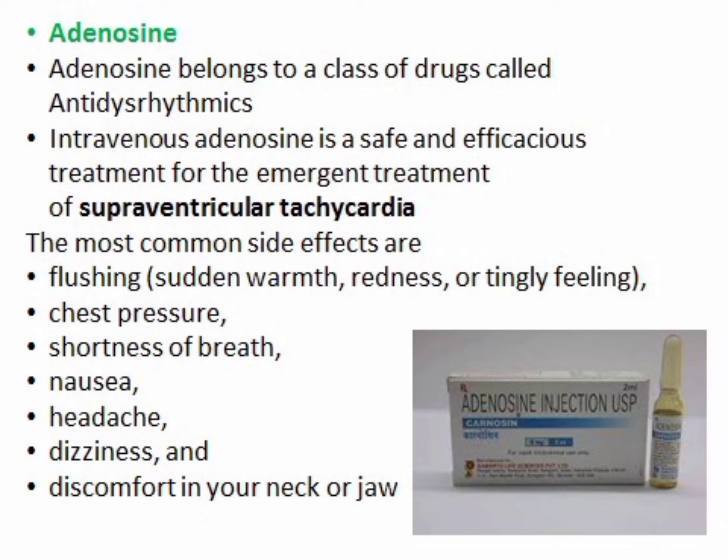The most common side effects are flushing, sudden warmth, redness or tingly feeling, chest pressure, shortness of breath, nausea, headache, dizziness and discomfort in your neck or jaw. These are the common side effects.